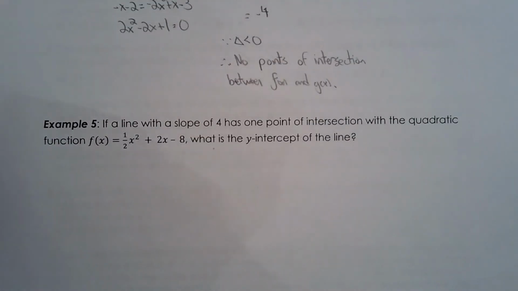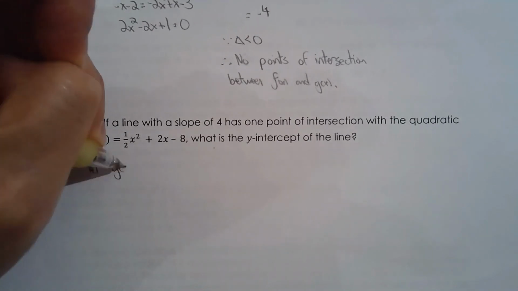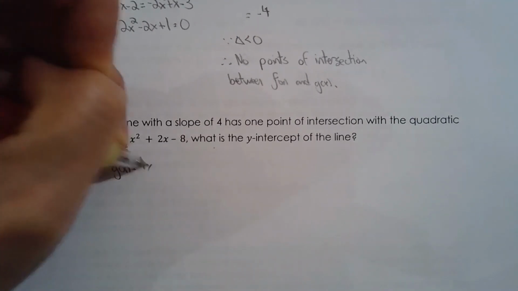All right, last question. If a line with a slope of 4 has 1 point of intersection with the quadratic function f of x equals half x squared plus 2x minus 8, what is the y-intercept of the line? All right, so let g of x equal 4x plus b.